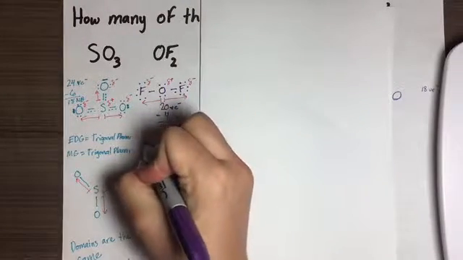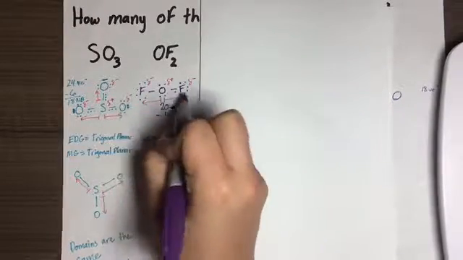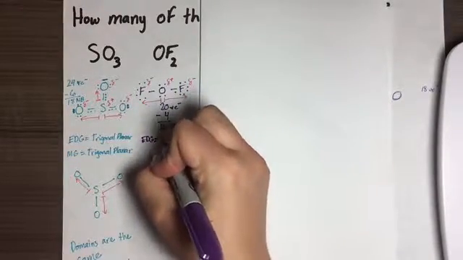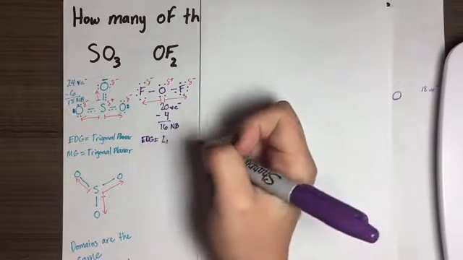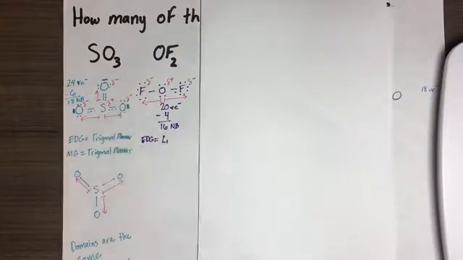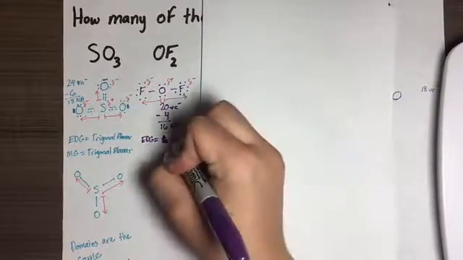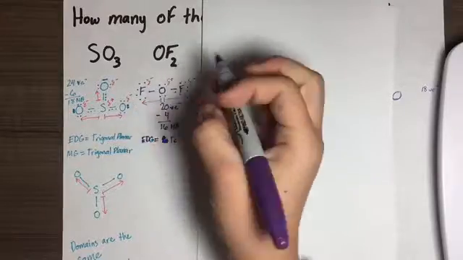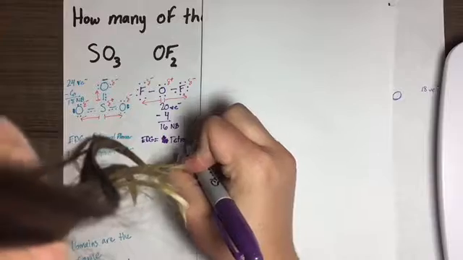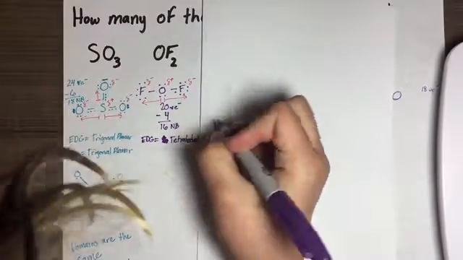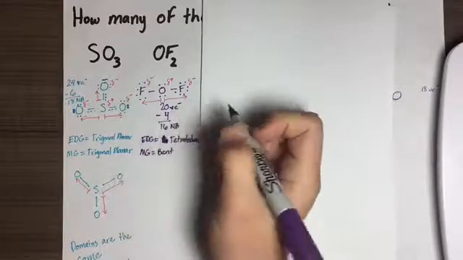For our electron domain geometry, we have 4 domains, so it will not be linear. It will be tetrahedral because we also have these two pairs of non-bonding electrons. Tetrahedral. And our molecular geometry will be bent.